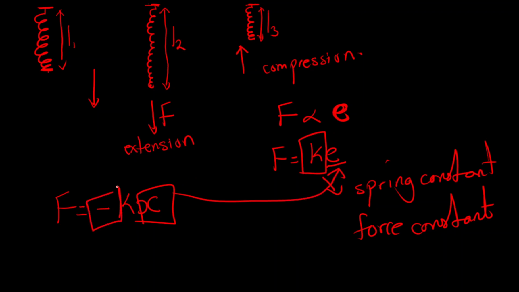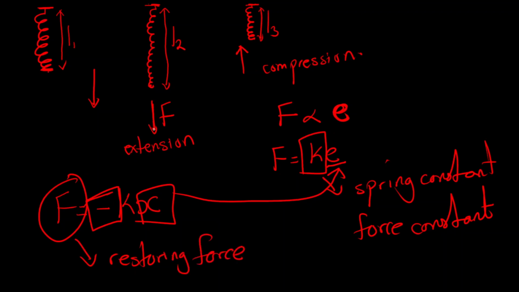Now, why do we have this minus sign? It's because this F actually stands for the restoring force. Just like here we have the extension, the restoring force is a force that's going to take it back to the original position, so it's directed in the opposite direction. That's why you have F equals minus kx in some resources, but you can also use F equals ke, or kx, depending on what resources you are using.